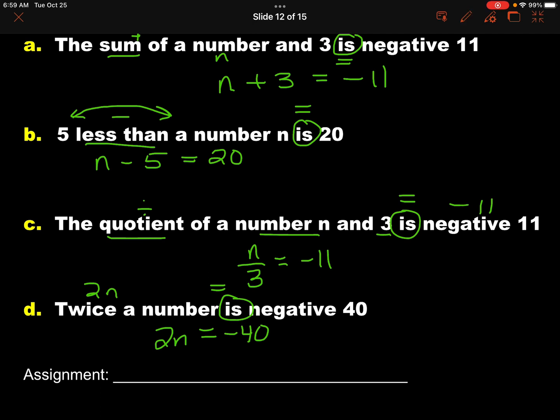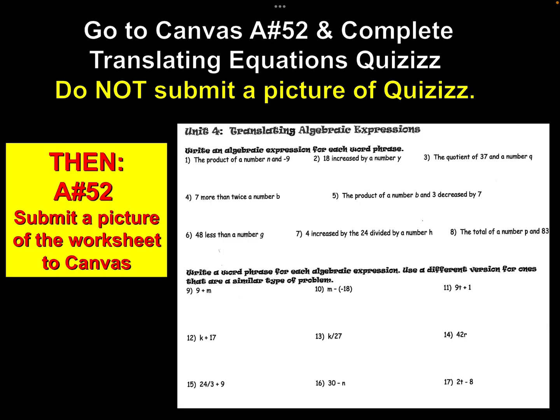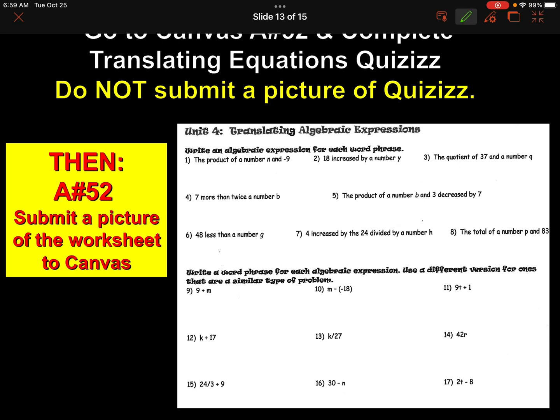All right, since I'm not here today, I'm going to go through and demonstrate what I want you to do. You're going to get the handout in a moment, and you're going to do a translating equations quiz. This is the worksheet you're going to do. Up here on the top, you're going to write something that looks like the bottom.